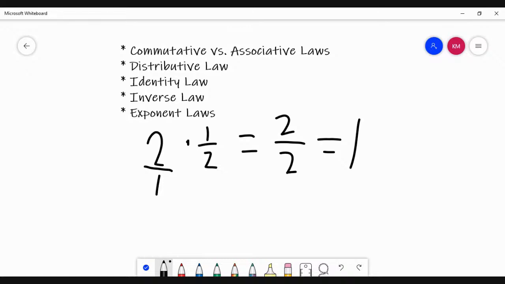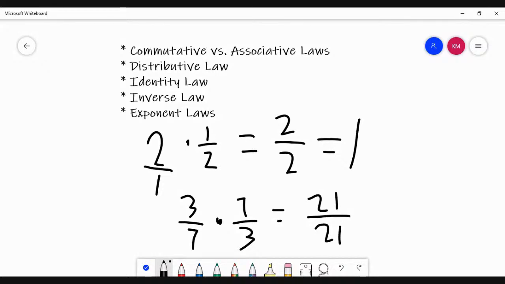Same thing if you have a fraction. If you want the inverse, say you have 3/7. Well, the inverse should be 7/3, because 3 times 7 gives me 21. 7 times 3 gives me 21.